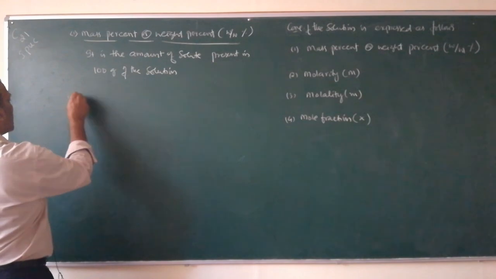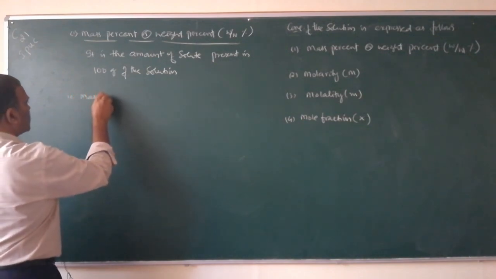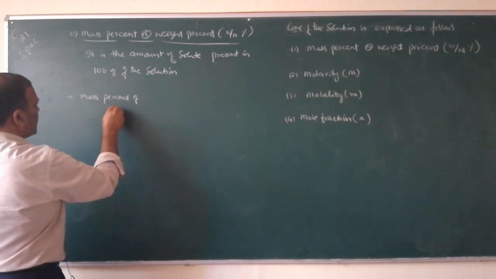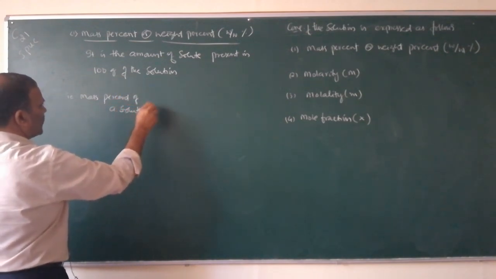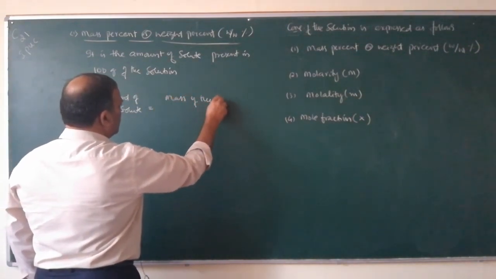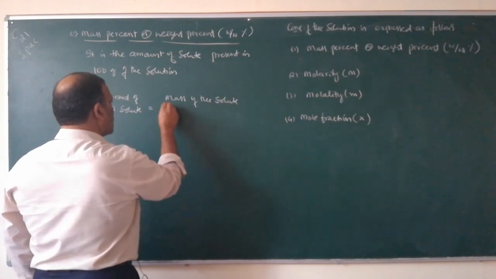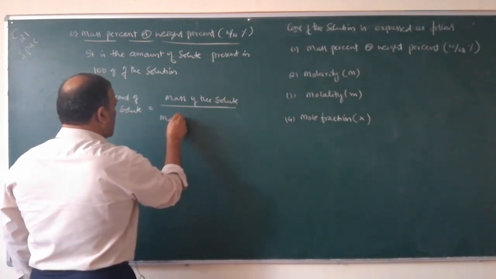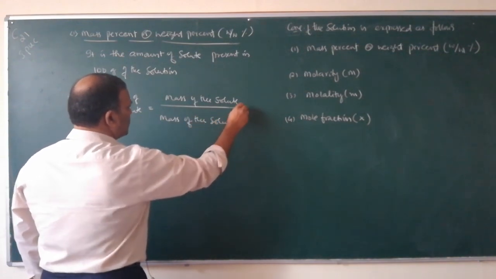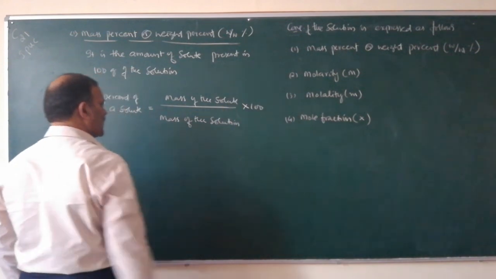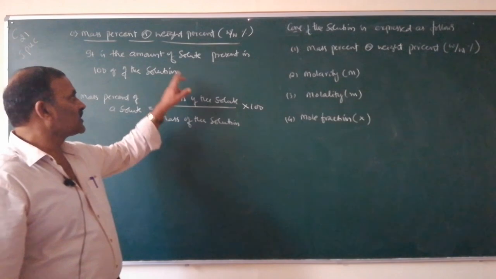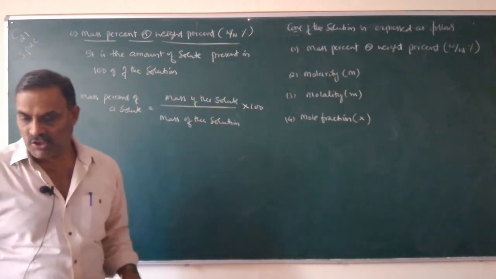That is, mass percent of a solute equals mass of the solute divided by mass of the solution, into 100.